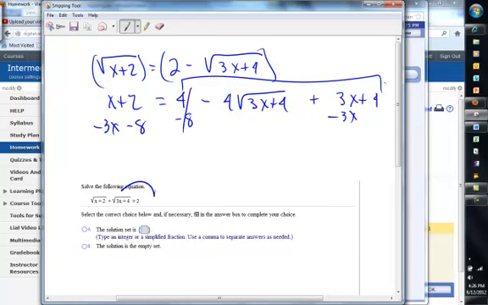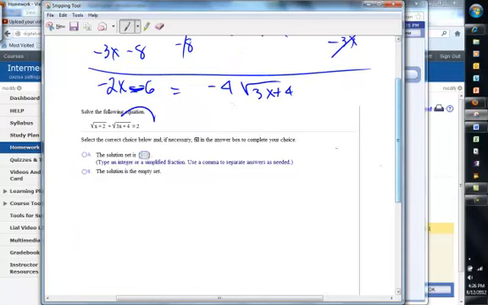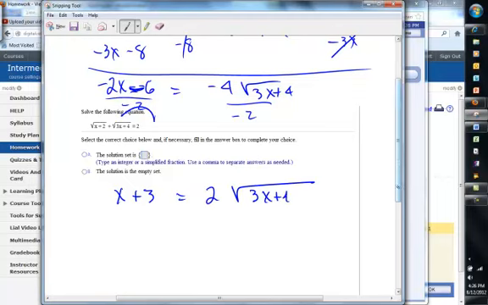Subtract 3x from each side, and 4 and 4 makes 8, so subtract 8 from each side, and we get negative 2x minus 6 is negative 4 root 3x plus 4. Divide both sides by negative 2, and we get x plus 3 equals 2 root 3x plus 4.